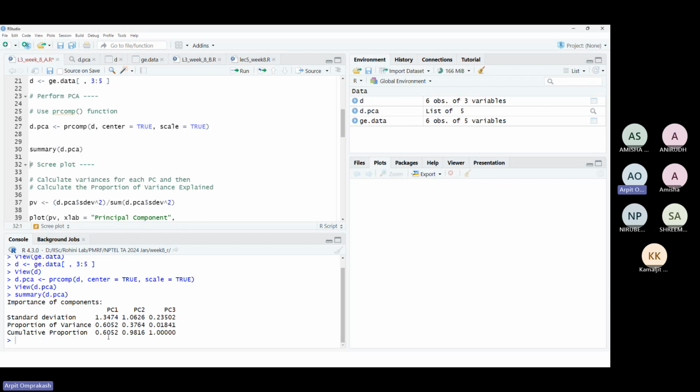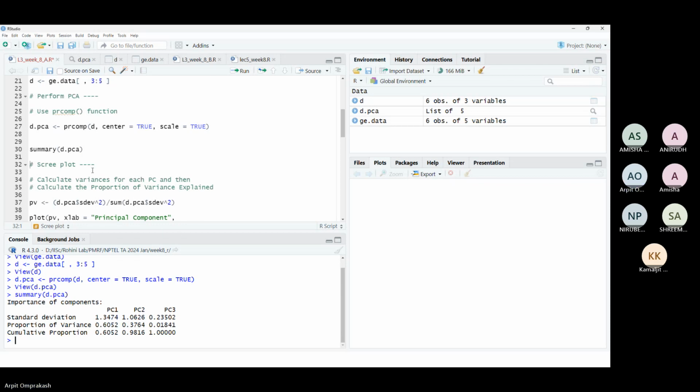Then the cumulative proportion is basically the sum of all the PCs before that. So this is the sum of these three, which turns out to be 1.